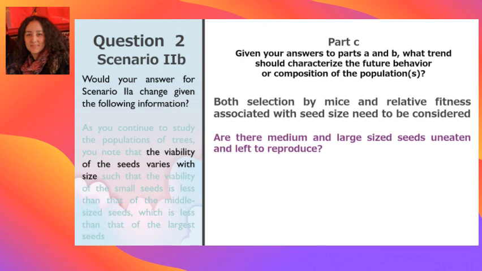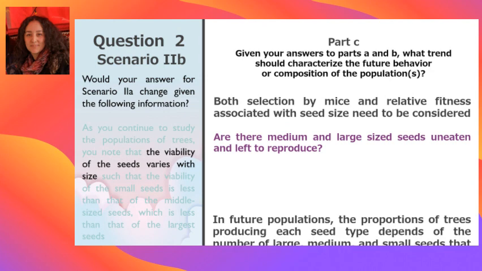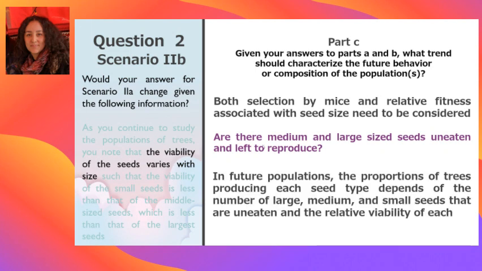So something to ask yourself, are there medium and large seeds left uneaten to reproduce? Because in future populations, the proportion of trees producing each seed type depends on the number of large and medium and small seeds that are uneaten and the relative viability of each.